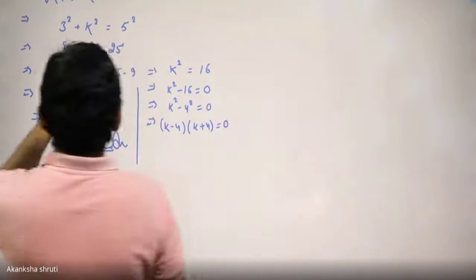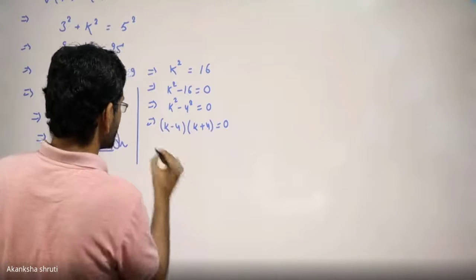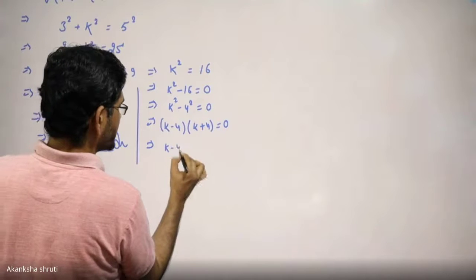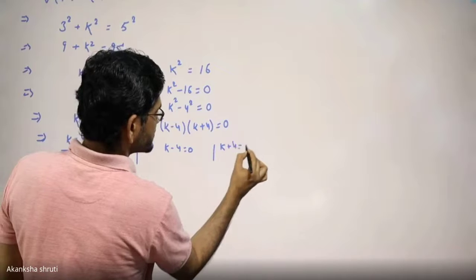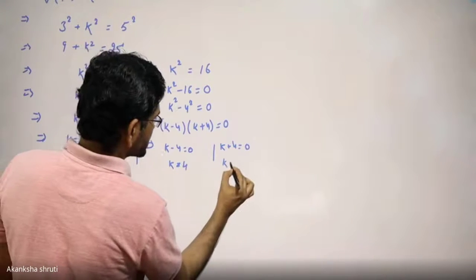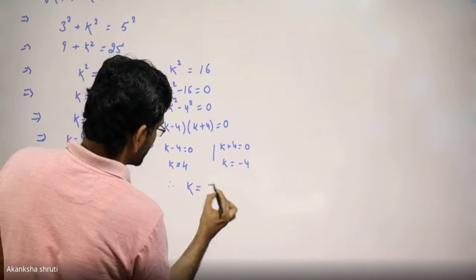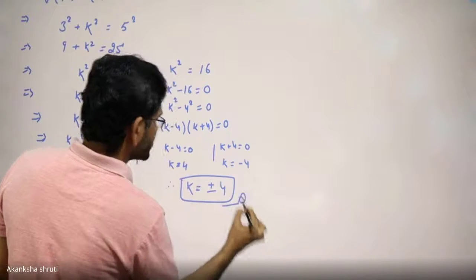Since it is K squared, so quadratic, we have to solve this by the quadratic method. By factorization, K minus 4 equals 0 and the other time K plus 4 equals 0. So K equals 4 and K equals minus 4. Therefore, combining these two, K could be plus minus 4. So we get two values.